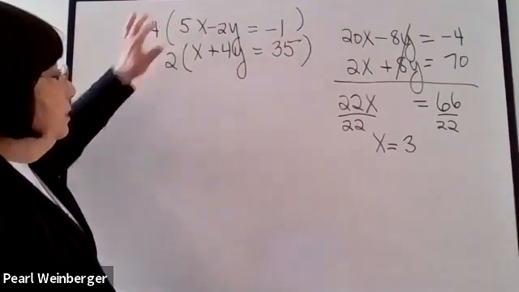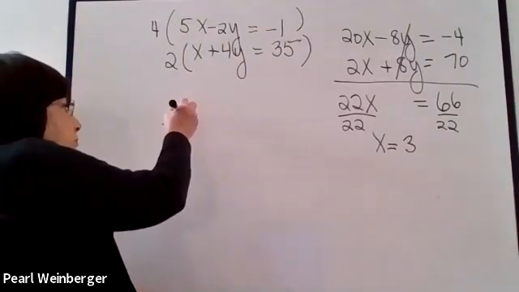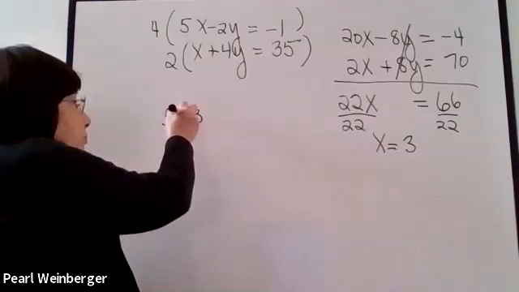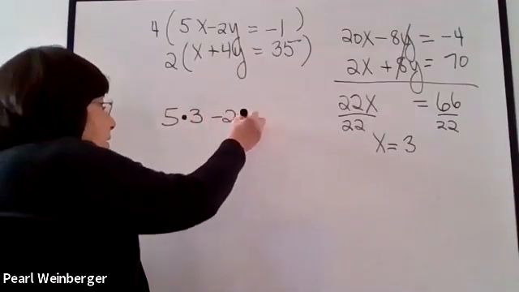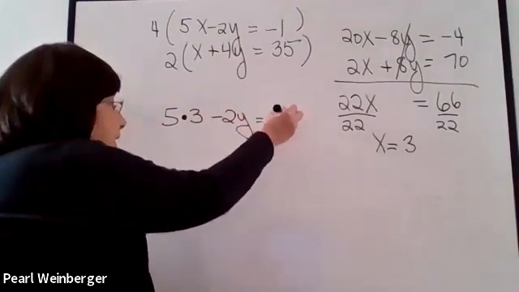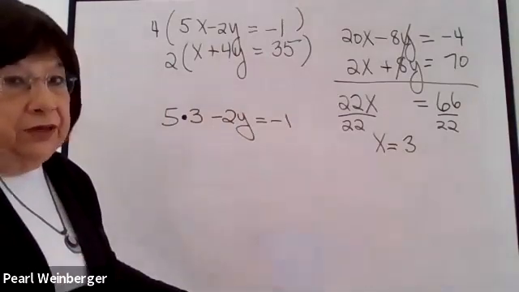So if I take the first equation, here's my 3. My x is 3, so I'm replacing the x by 3. So this is 5 times 3 minus 2y equals -1. It does not matter which equation you use because you'll get the same answer.